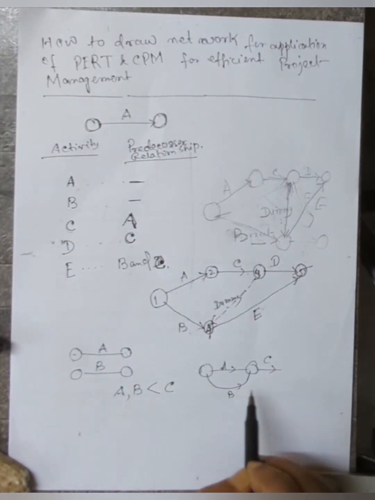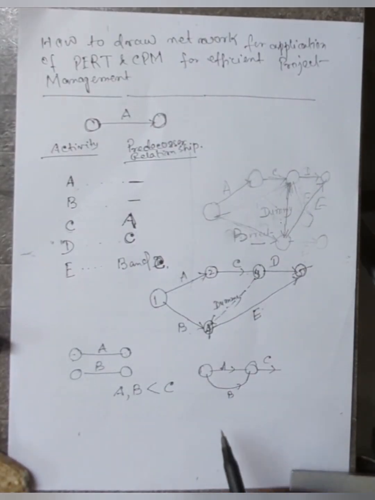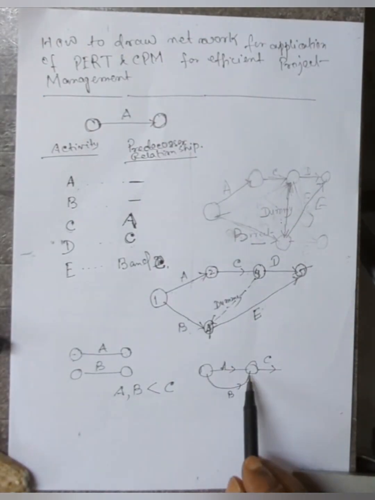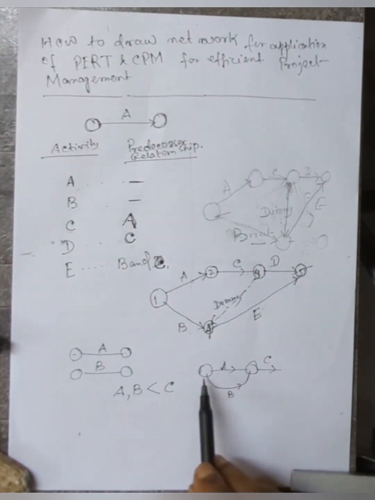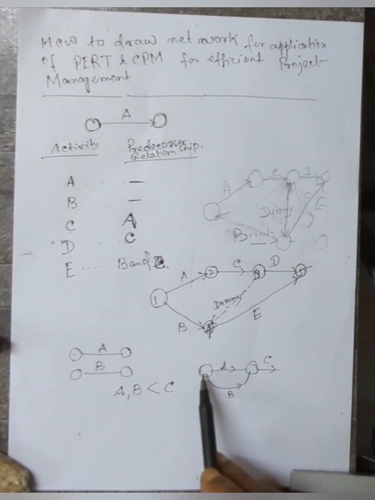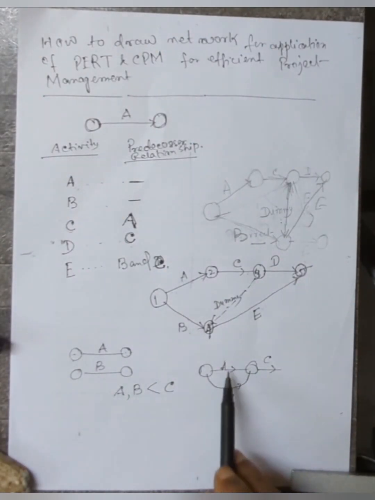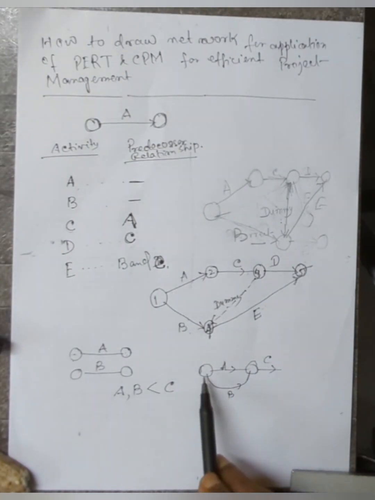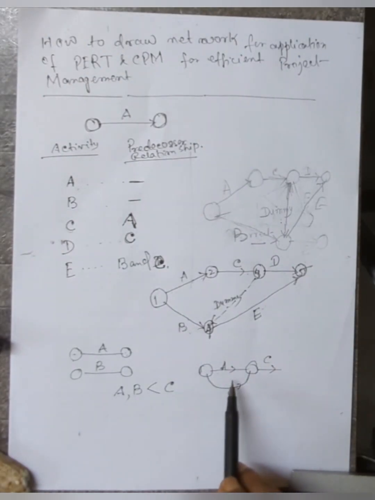This is A activity, this is B activity, this is C, but it is not allowed. For each activity, the head and tail nodes must be different. For two activities A and B, the head node and tail node must be different.